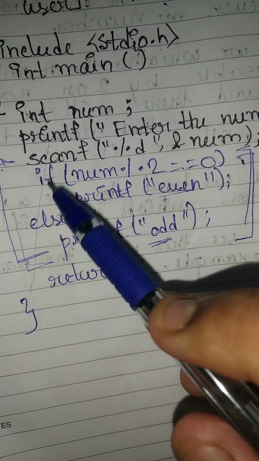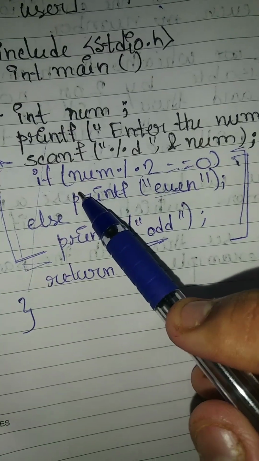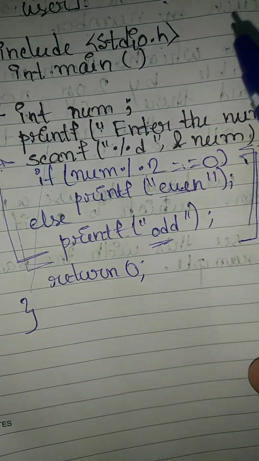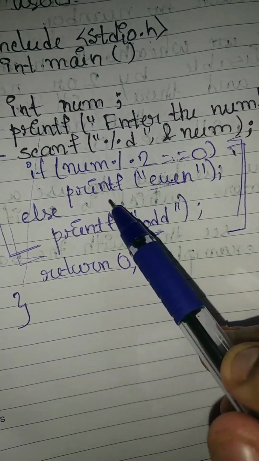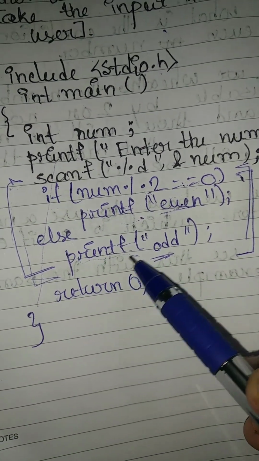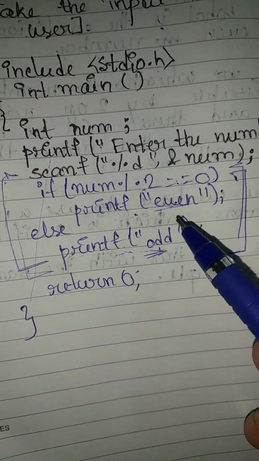Here our compiler will check the first condition, the if condition. If this condition is true, then only it will print this statement, and if this condition is false, then it will print the else statement.